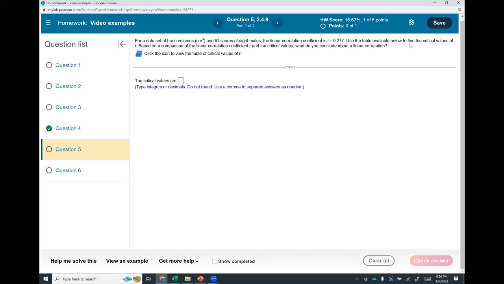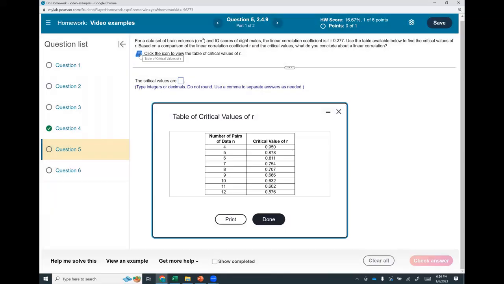Use the table available below to find the critical value of R. So there's my table, and I have 8 pairs of data.